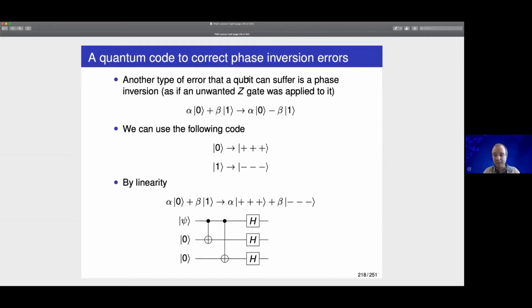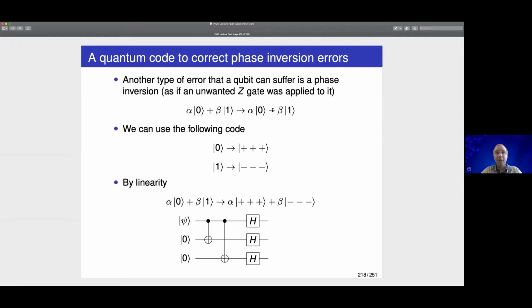But in the quantum setting, we can also have other different modifications of the information. For instance, if the phase of one of the parts of the state changes, for instance, from +1 to -1.